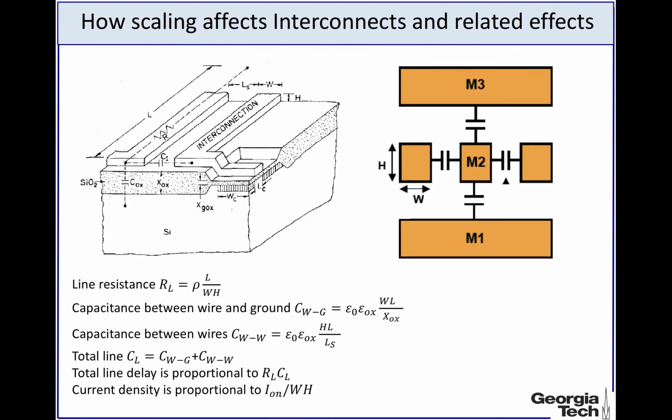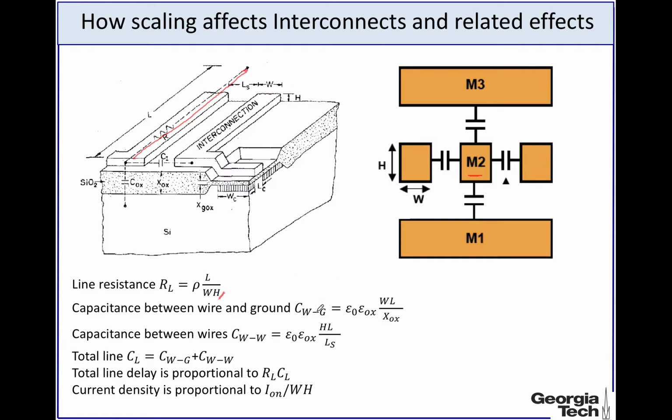Alright, so this is the framework that we presented. For example, if we have a metal layer over here, the resistance is given by rho L over WH, where W is the width and H is the height, and L is the total length of the wire.